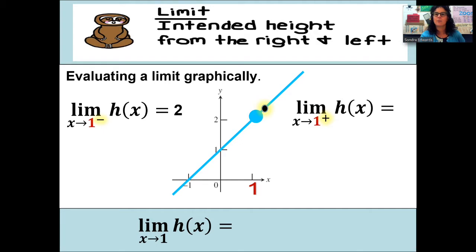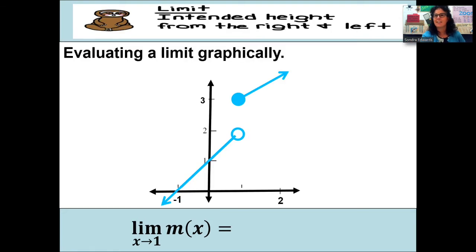So as I pick numbers closer and closer to 1 from the right, the heights are heading to 2. And since the intended height from the left and the intended height from the right are the same answer, then the limit as x approaches 1 of h of x is equal to 2.